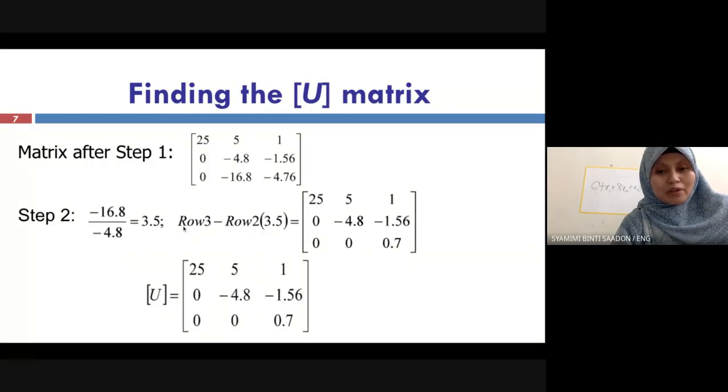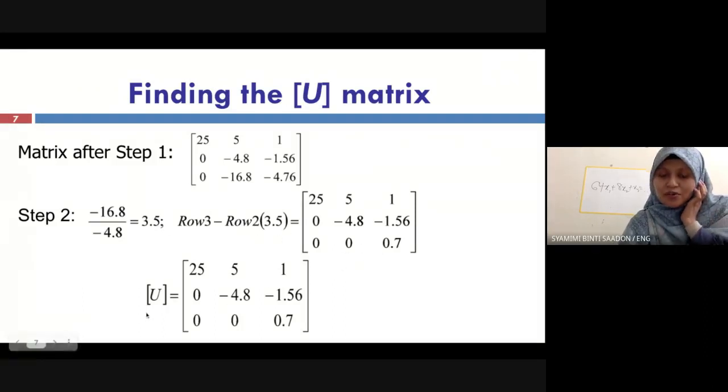Instead of row 3 minus row 2, we can also do row 3 minus row 1. Row 3 is minus 16.8, divided by minus 4.8, gives 3.5. So you get 0 here. At last we achieve the matrix U with 0 values here.